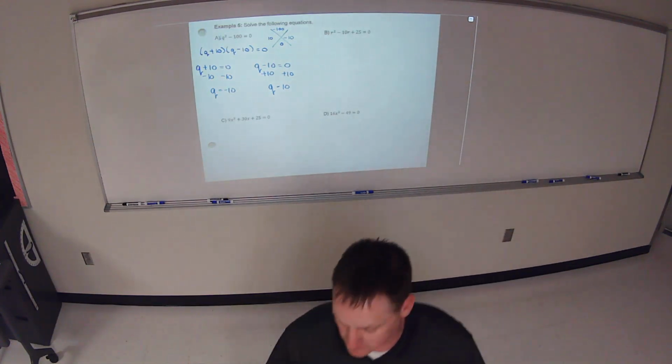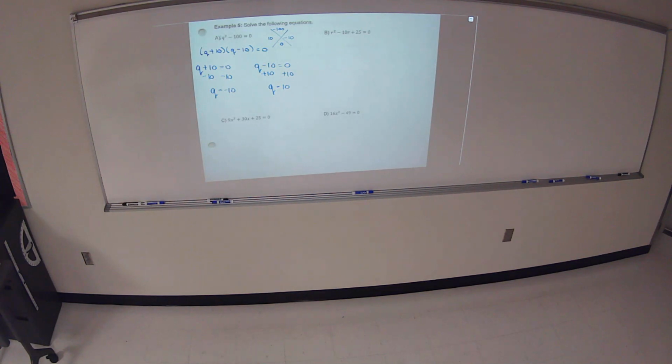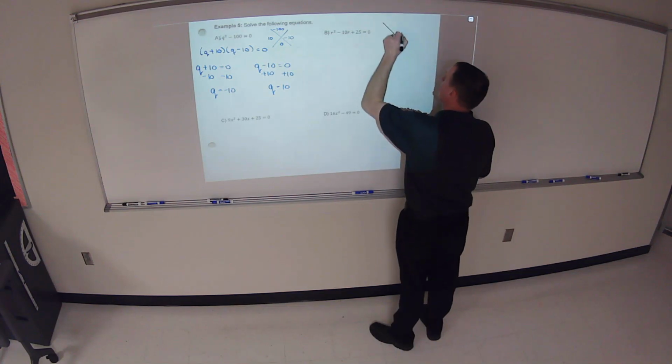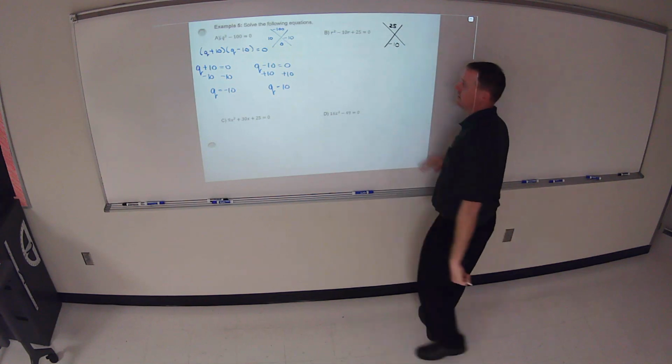Let's just keep going right through these. Let's get to example B. Our equation's already set equal to 0, so that's good. Next thing we'd ask is, is there a greatest common factor? And the answer is no. Evan, what's my A times C in this problem? That's going to give me 25, and our B value is negative 10.